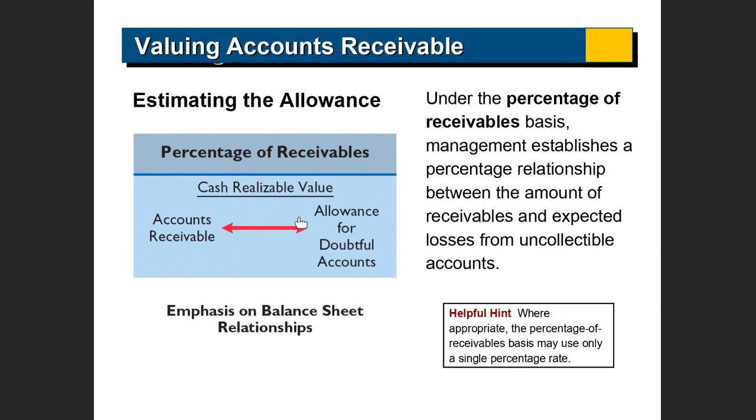Anyhow, estimating the allowance: under the percentage of receivables basis, management establishes a percentage relationship between the amount of receivables and expected losses from uncollectible accounts. So this is what I was telling you about: what is the norm? What is the normal percentage of allowance in your industry, in your geographic location?